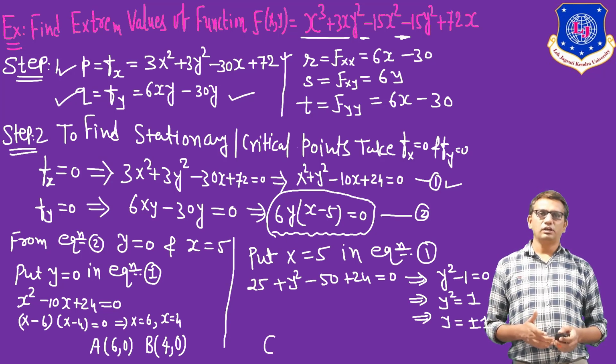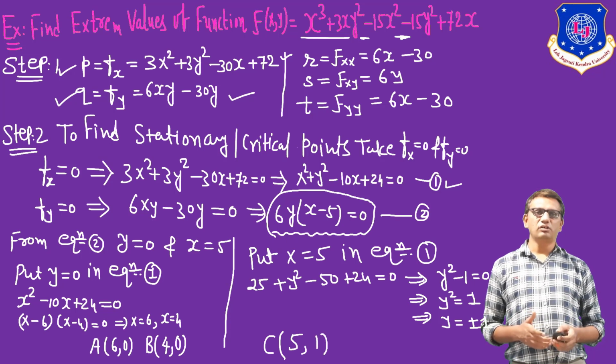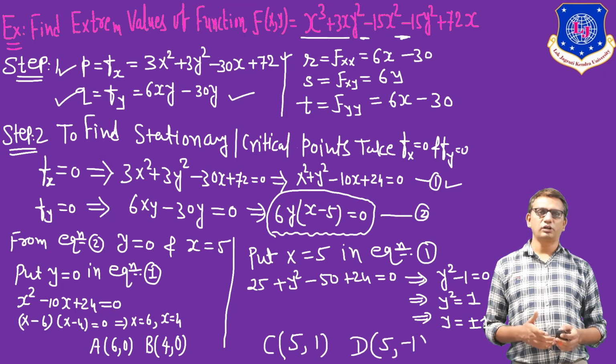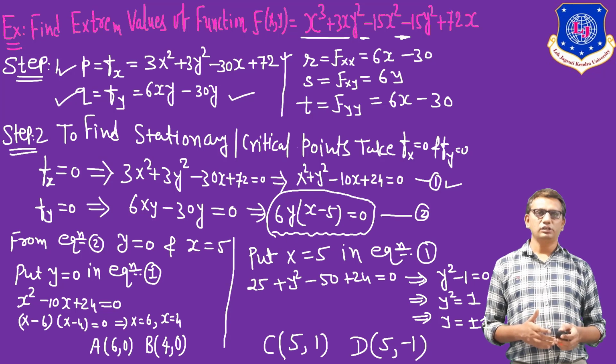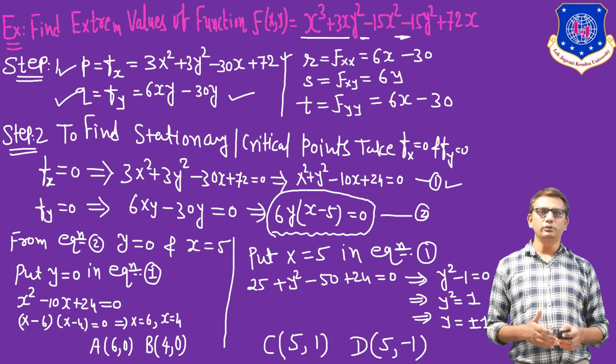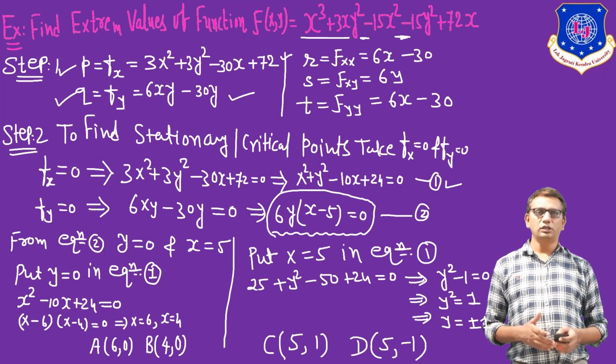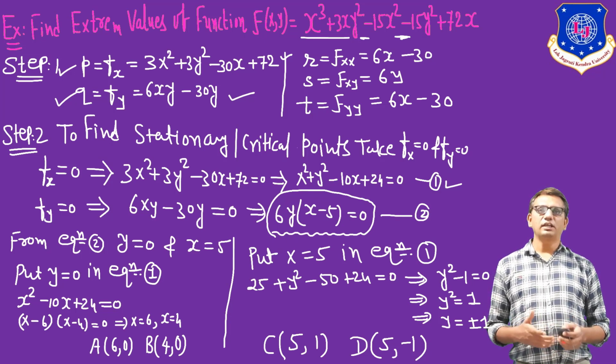Now our critical points have x fixed at 5, and y is 1 and minus 1. So we have two critical points, (5, 1) and (5, minus 1). So we have a total of 4 stationary points.